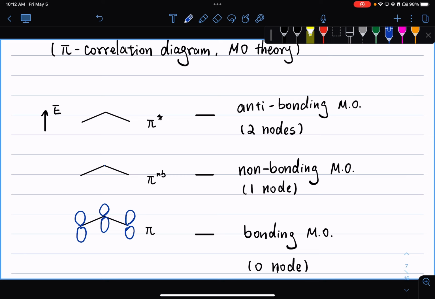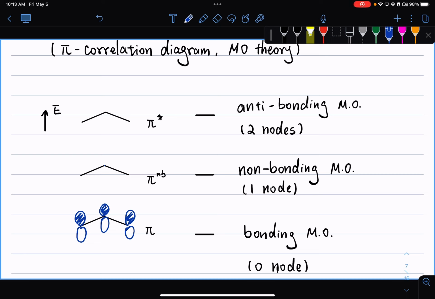The lowest energy one would be all bonding. When we say all bonding, we're saying there's no node plane, so everything is in phase with each other. So in our lowest bonding molecular orbital, everything is shaded all on the top or all on the bottom. It doesn't matter how you shade it. Then things get more complicated when we go one MO higher in energy.